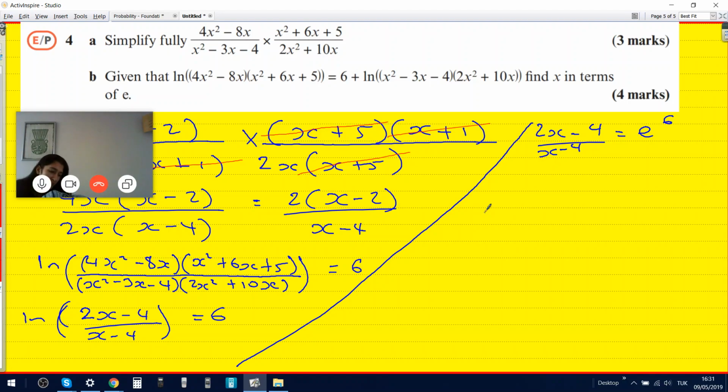And then e to 6 times x minus 4. And basically just make x the subject. Yeah.